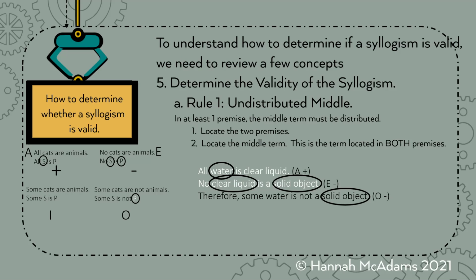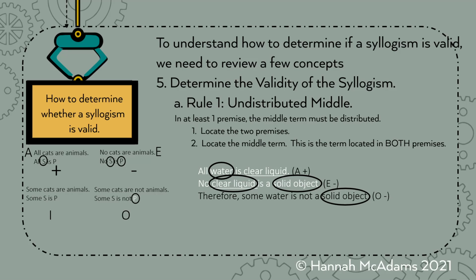Then we need to locate the middle term. The middle term is the term that is in both premises. So clear liquid is in both premises: no clear liquid, and also all water is clear liquid. So that is the middle term. Even though only one of them is circled, it counts.